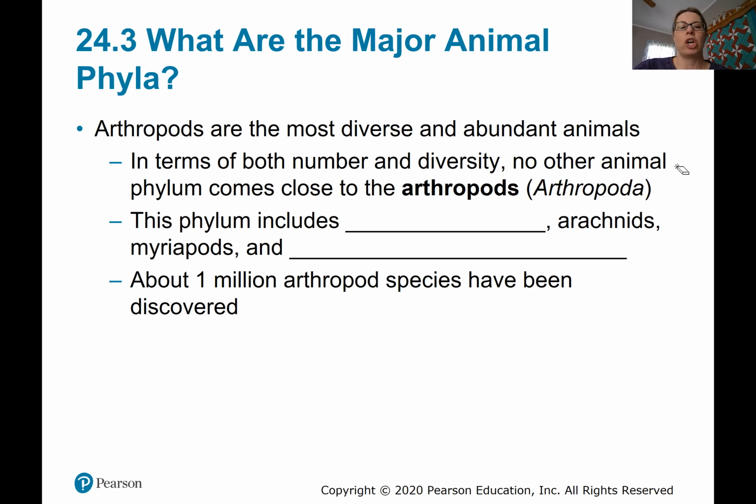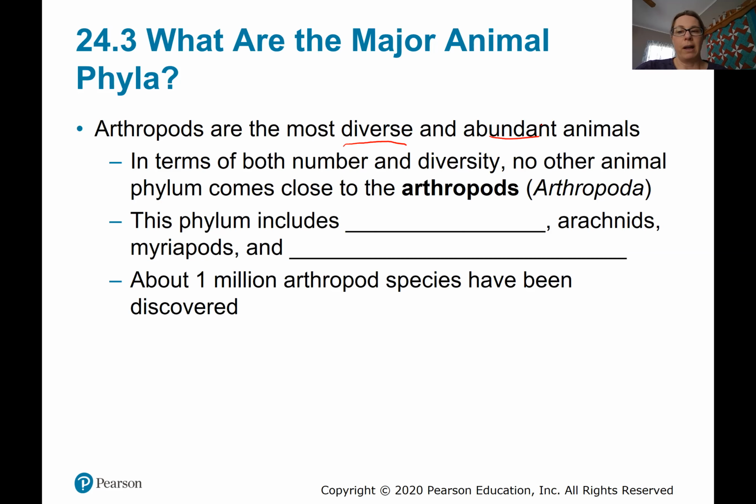So arthropods, or animals in phylum Arthropoda, are the most diverse and abundant animals. So if we're looking at number of species in a particular phylum, arthropods takes the cake. They have the most number of species, and they're also very, very diverse, very different from each other.